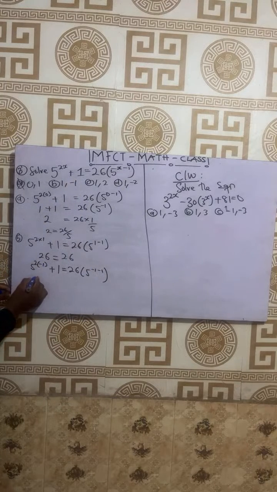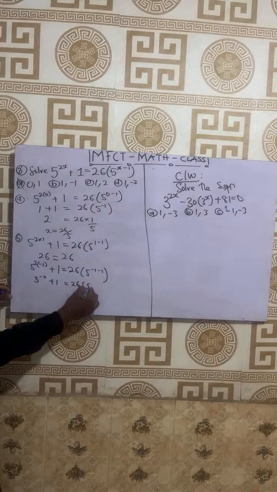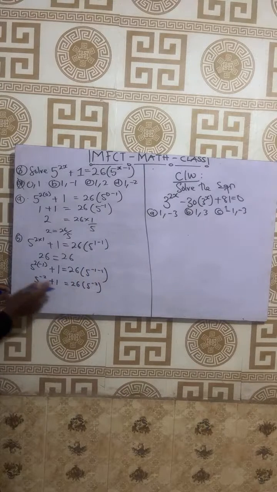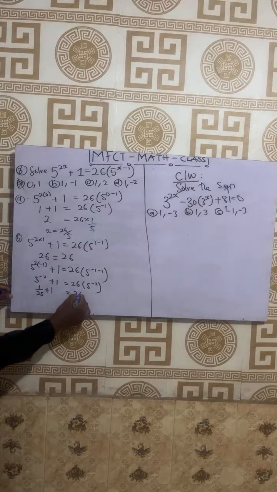So guys, this will be 5 raised to power minus 2 plus 1, and this will be 26, 5 raised to power minus 2. So this is 5 raised to power minus 2, so that will be 1 over 25 plus 1. This will be equals to 26 times 1 over 25.